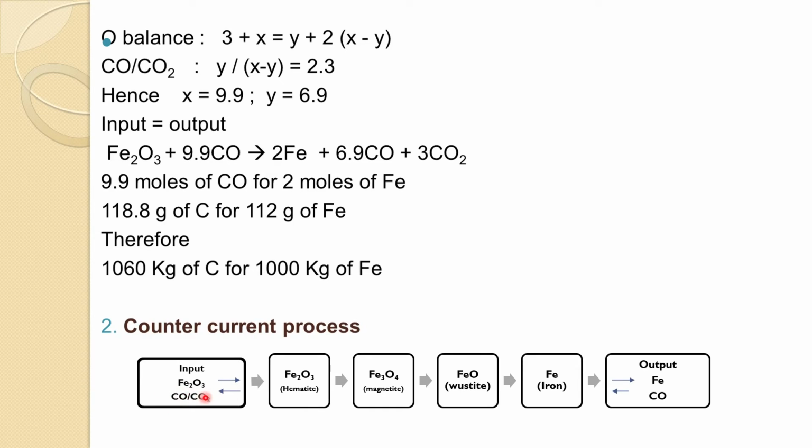And because the burning of coke is occurring here, which produces CO with a very high percentage, you already have that high CO-CO2 ratio, which will reduce the FeO into iron.